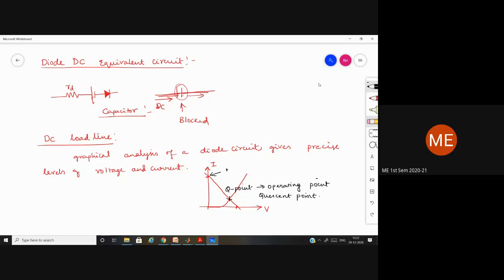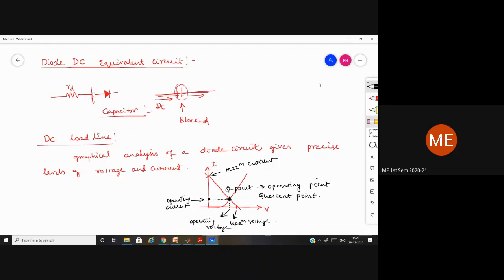This is the maximum current. This is the maximum voltage. This is the operating voltage and current. If you get this point, just draw the vertical and horizontal lines. This is our operating current. This is our operating voltage.